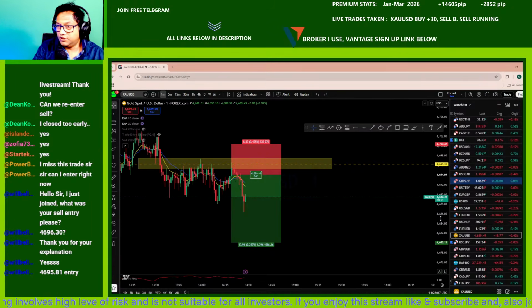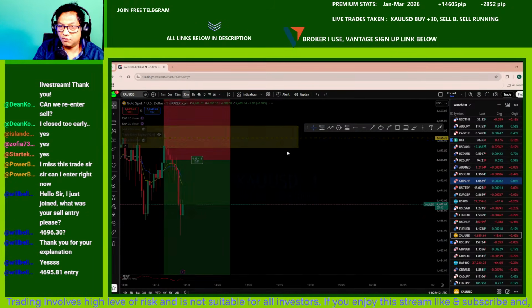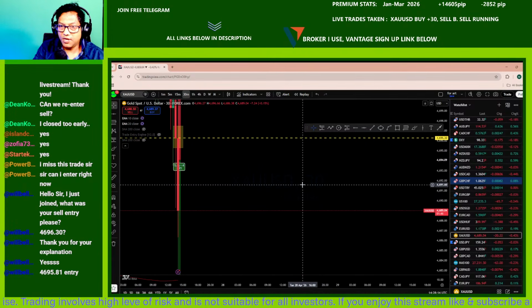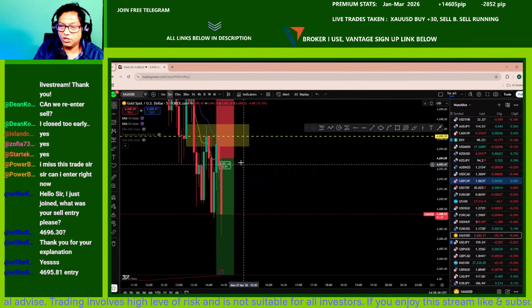Alrighty, so here is the long wick candle formation. On the 30 minutes price action, breaking that low here. From the 5 minutes, also a long bearish engulfer.